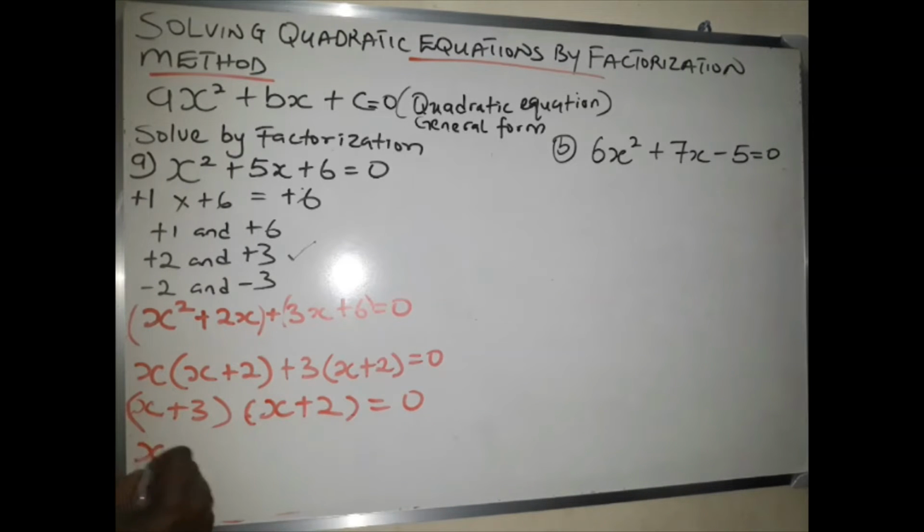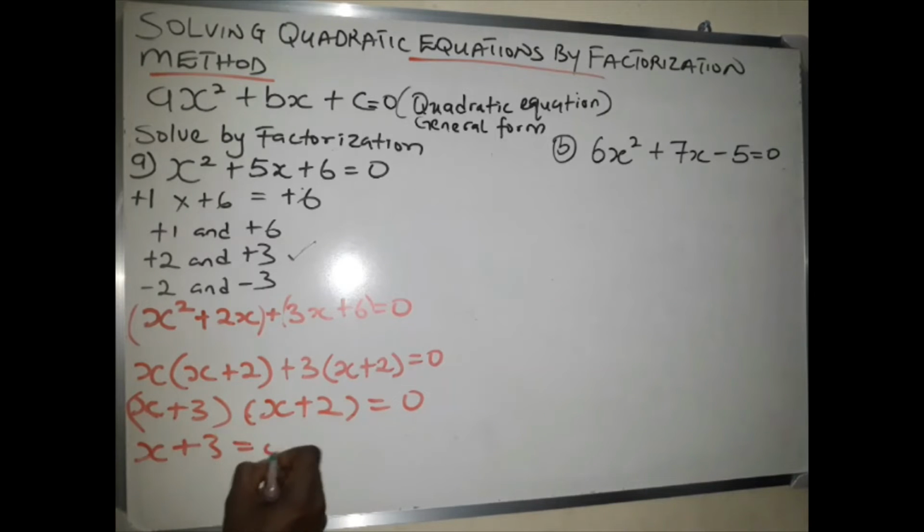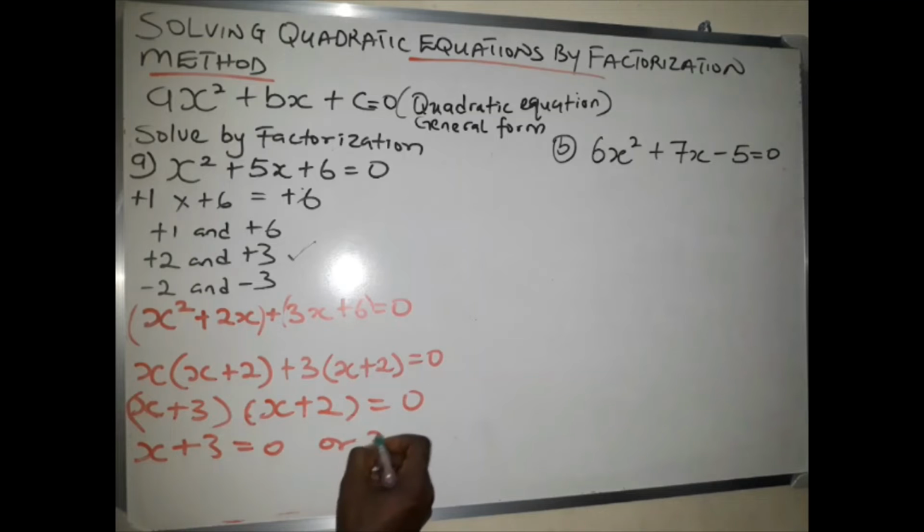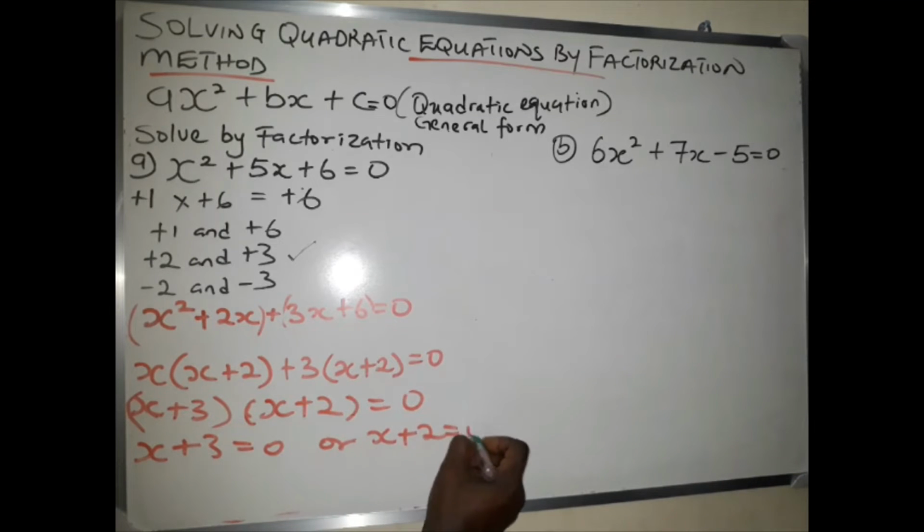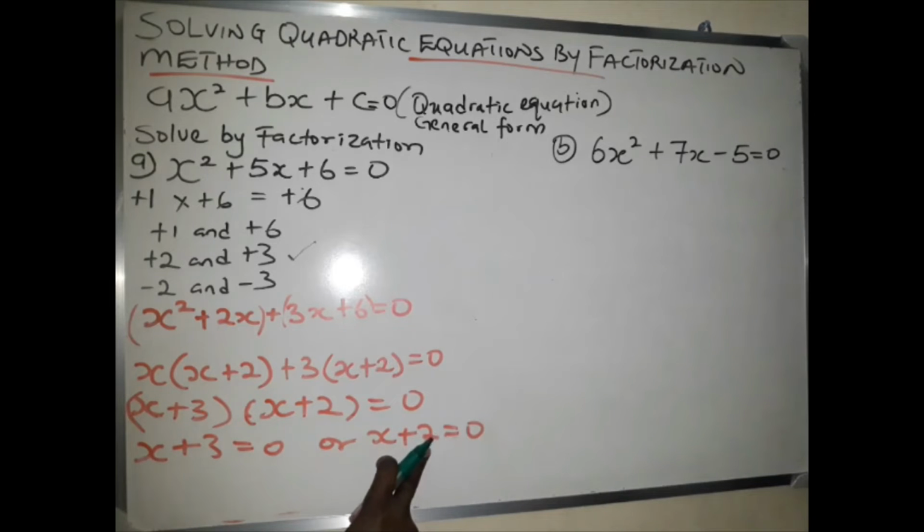You now say x plus 3 is equal to 0, or you say x plus 2 is equal to 0. So you now make x the subject of the formula here, and you also make x the subject of the formula here.